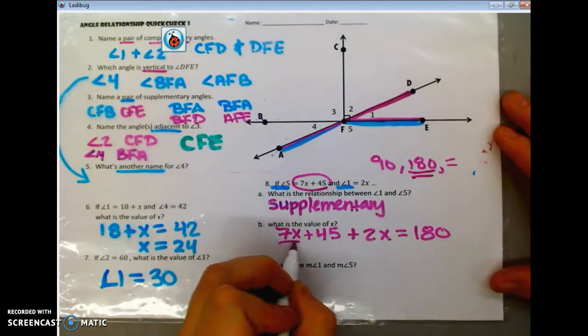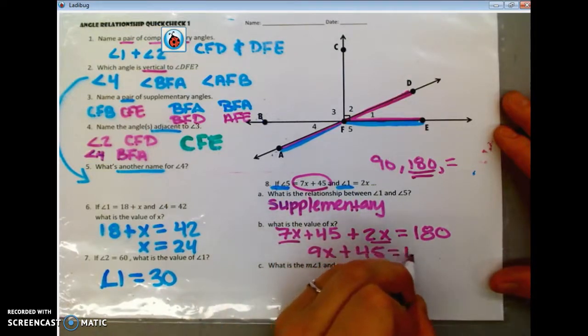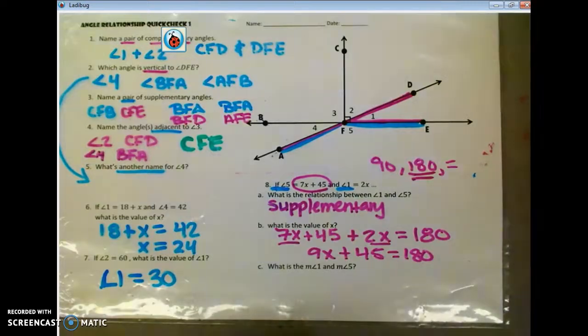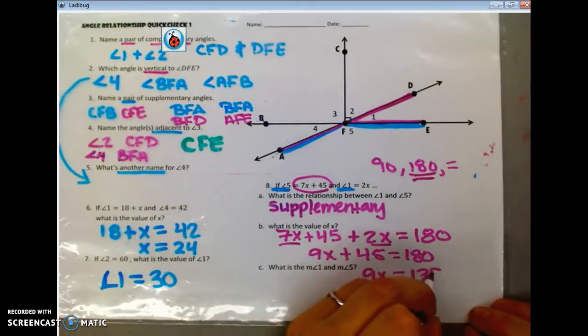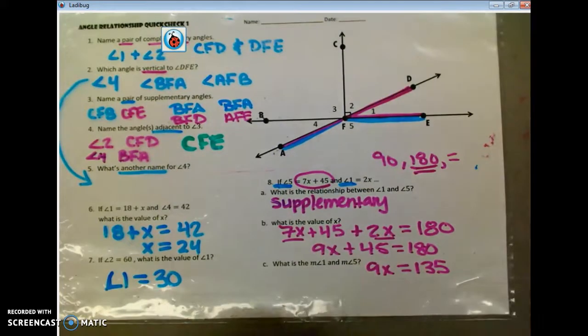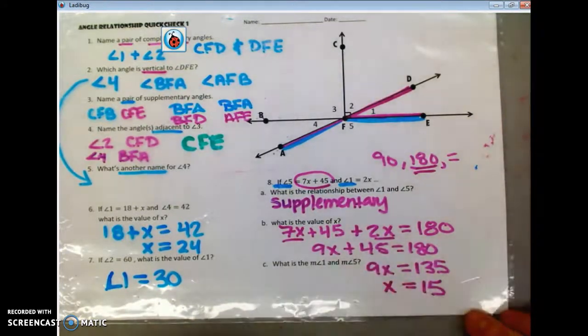Combining like terms, I get 9x plus 45 equals 180. Subtract 45 from both sides, I get 9x equals 135. And then divide both sides by 9, and I get x is equal to 15.